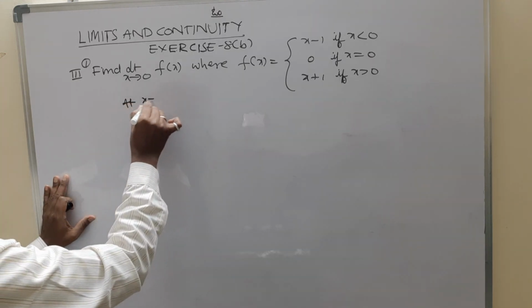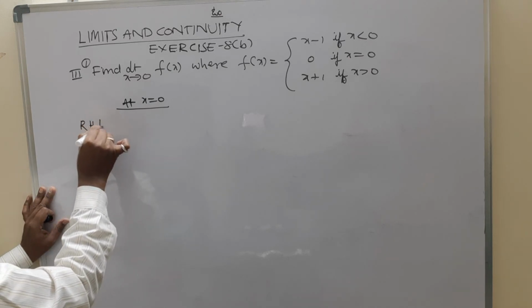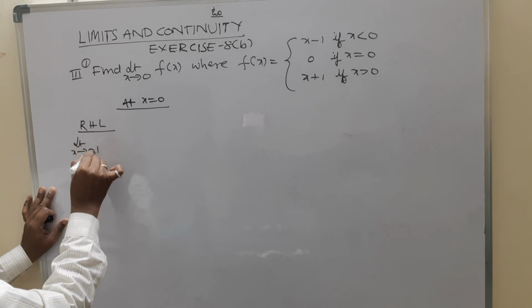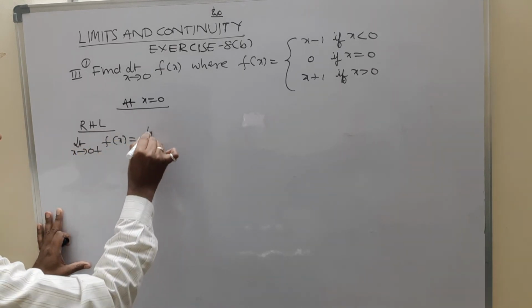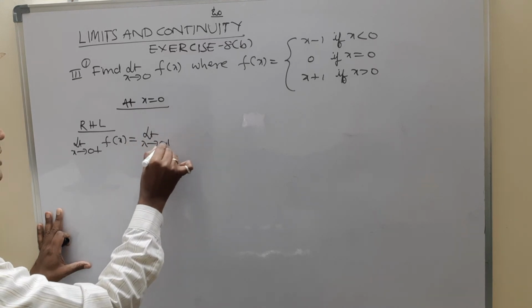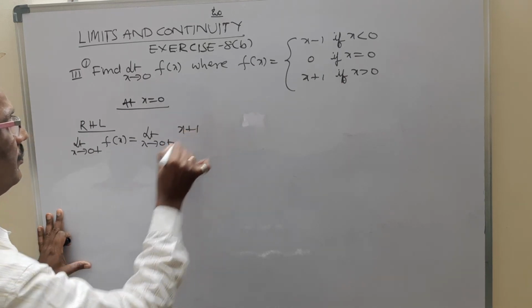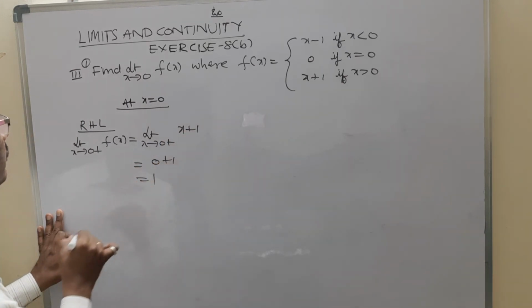At x equal to 0, first find the right hand limit. Limit x tends to 0 plus of f of x equals limit x tends to 0 plus of x plus 1, which equals 0 plus 1, that is 1.